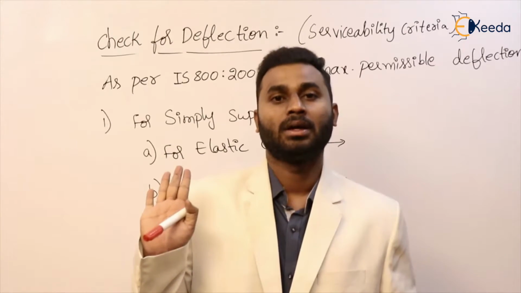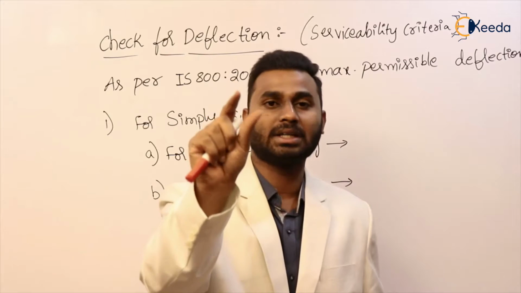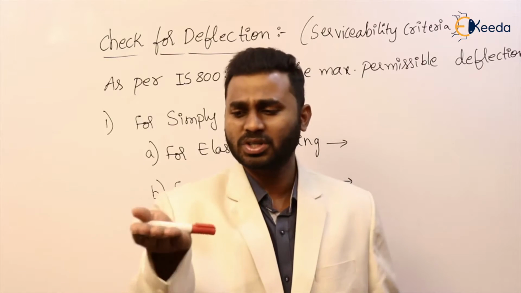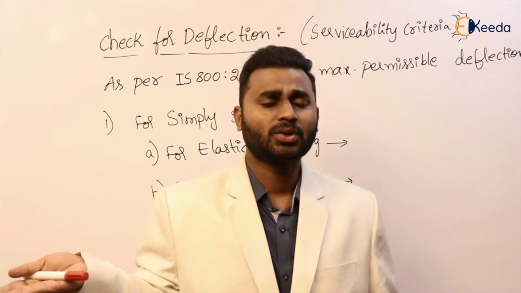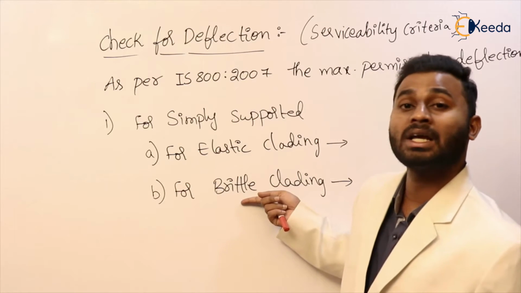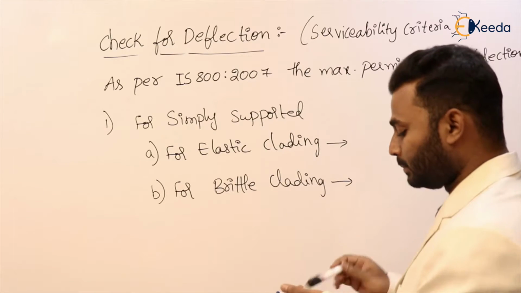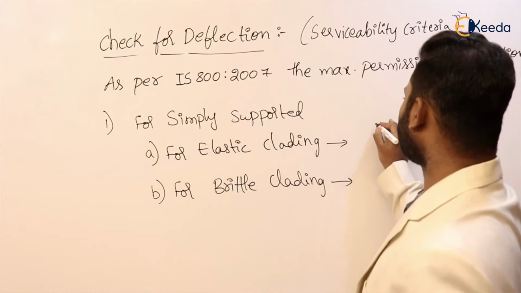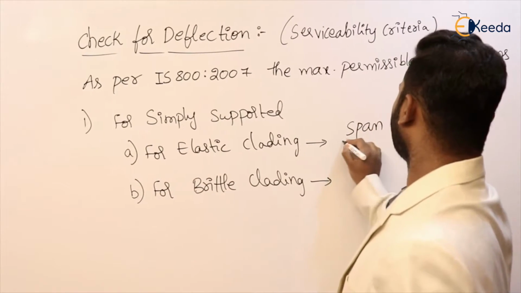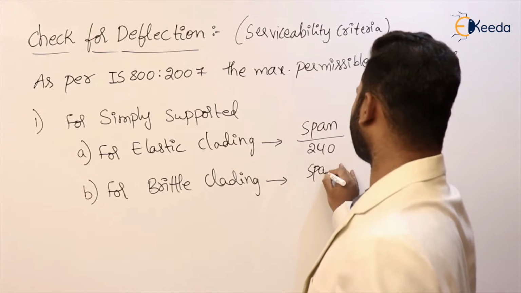The brittle material is like a chalk piece or glass; it will fail easily, even with a small deflection. That is the reason that, in comparison to the elastic case, the permissible deflection for brittle cladding should be less. So for a simply supported beam, for elastic cladding it is span by 240, and for brittle cladding it is span by 300.